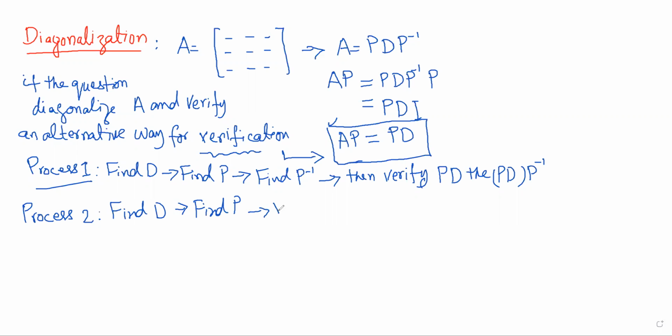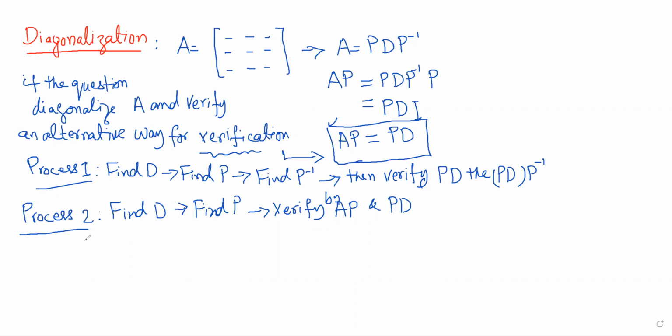You will verify by multiplying A with P, AP and PD. So this is a much quicker process. In both cases, you can verify the answer. So this is one point which I want to say.